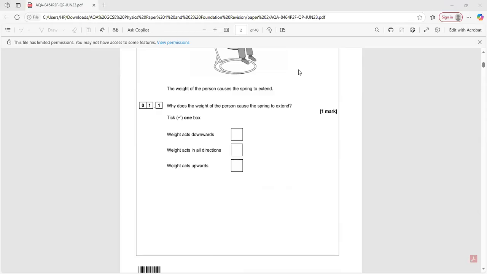The string will extend because weight acts downward. It's a force, and that's why it's different from mass. Mass is just a scalar quantity, doesn't have direction, but weight is a vector quantity. It has direction and it acts downward. So the answer for this particular one is the first one, which is weight acts downward.